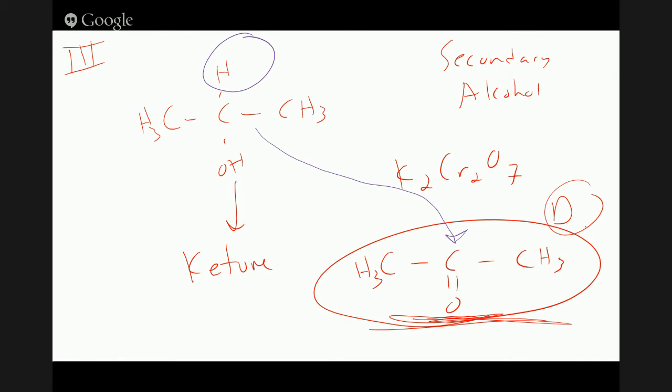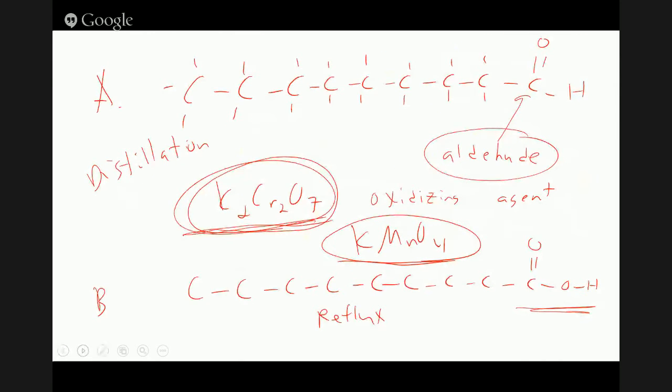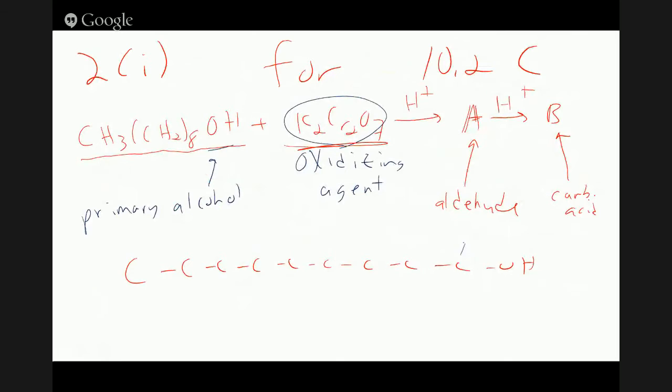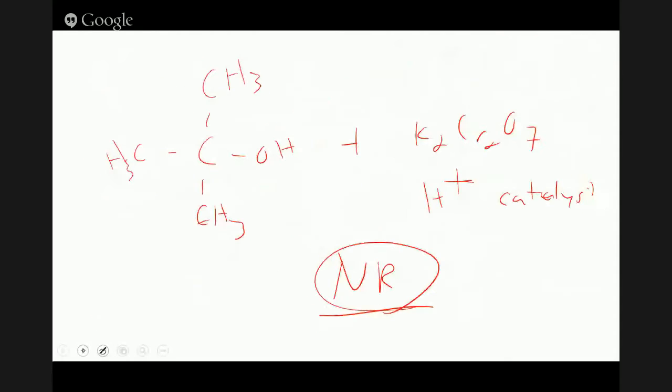If I go back to the primary alcohol, there were 2 hydrogens here. Notice that one of these hydrogens is now gone when it becomes an aldehyde. There's only 1 hydrogen here. So on the tertiary alcohol, there are no hydrogens here. No hydrogens on the carbon that can be removed to oxidize that carbon. So you absolutely definitely need to know that tertiary alcohols cannot be oxidized.